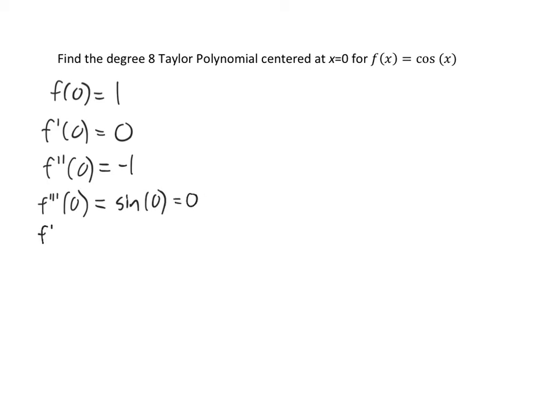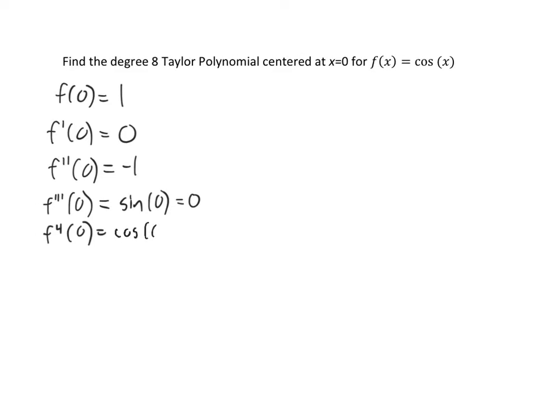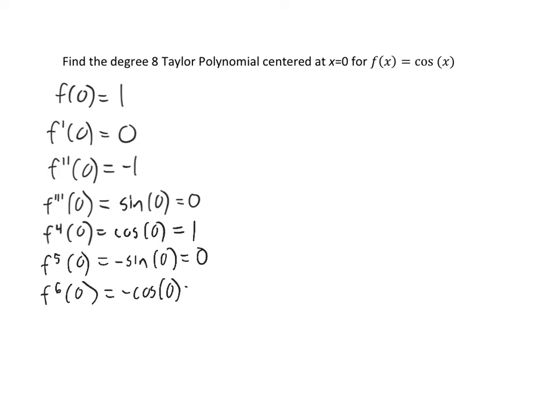Continuing on, the fourth derivative: the derivative of sine is cosine, so we're back to cosine of 0, which equals 1. The fifth derivative: the derivative of cosine is negative sine, of 0 is 0. The sixth derivative: the derivative of sine is cosine, so we have negative cosine 0, which is negative 1.